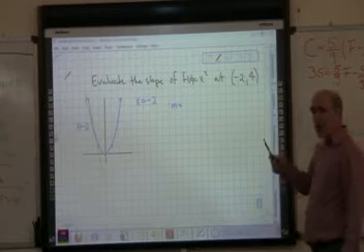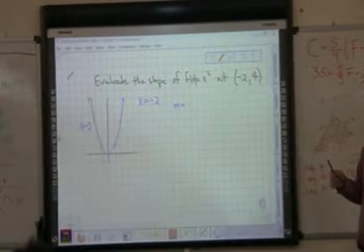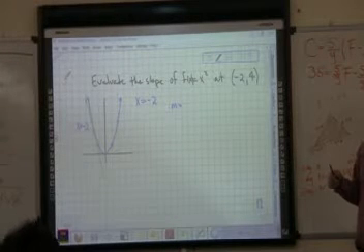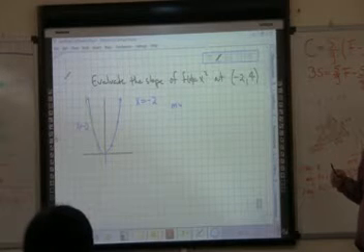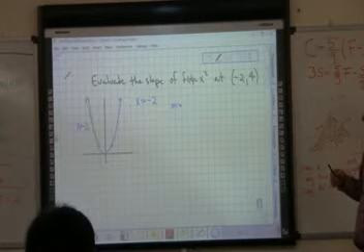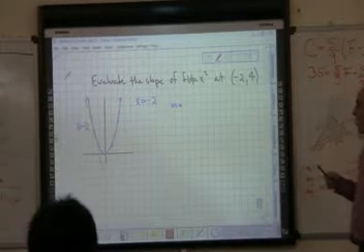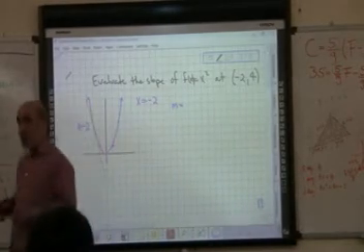I might have said evaluate the rate of change of this graph at that point. I could have said find the slope of the tangent line at that point. They're all the same question.